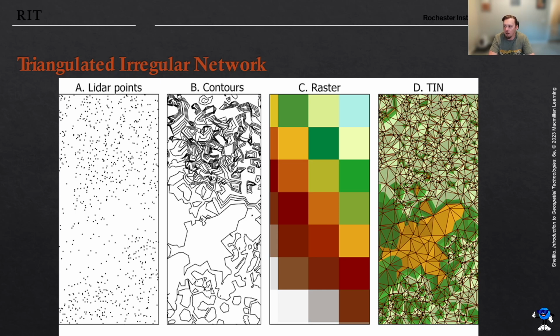TINs also have a high modeling potential, for example, in topography and hydrology. However, the unique way of storing data in a TIN often makes it difficult to combine with other spatial data formats. Instead, the TIN data would usually be converted to other suitable formats.